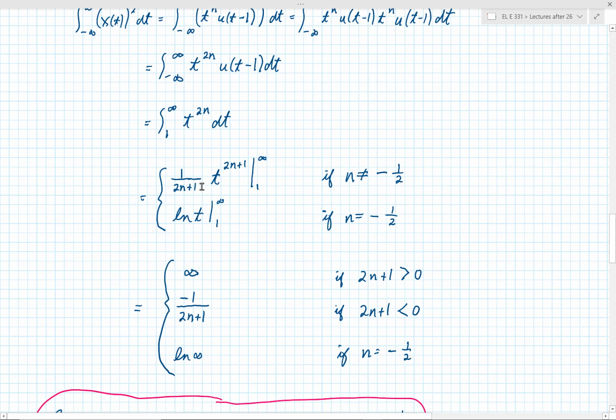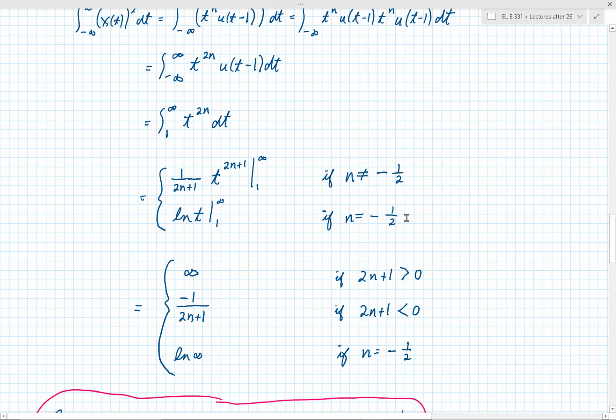So the negative 1/2 case you have to evaluate separately. And so this expression is only good if n is not equal to negative 1/2. But if n is equal to negative 1/2, well, notice then that this becomes t to the negative 1, or in other words, 1 over t. And we know the integral of 1 over t dt over these limits would just be the natural log of t from 1 to infinity. And that's what we get if n is equal to negative 1/2.